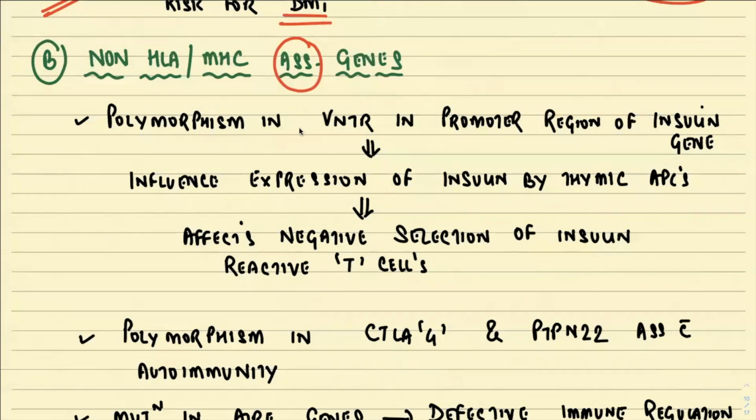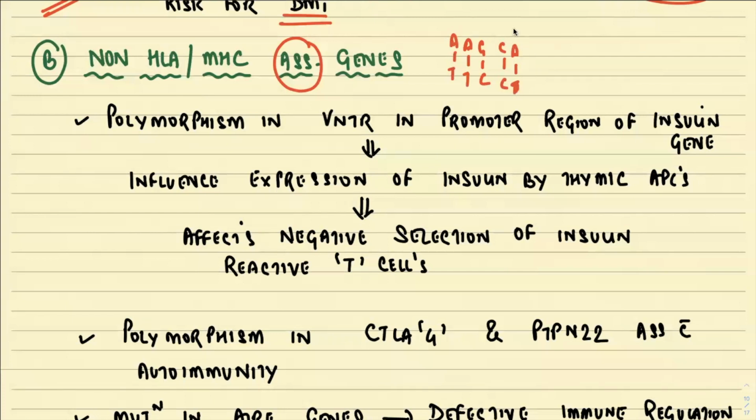Now, polymorphism means variation in the normal. For example, the maximum number of individuals have these base pairs normally. For example, they have AT, GC, AT again.